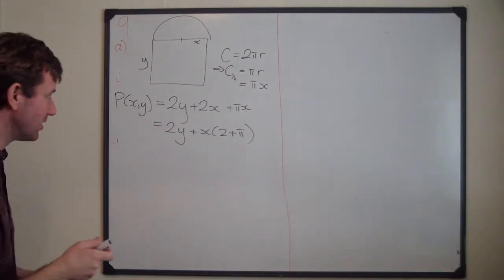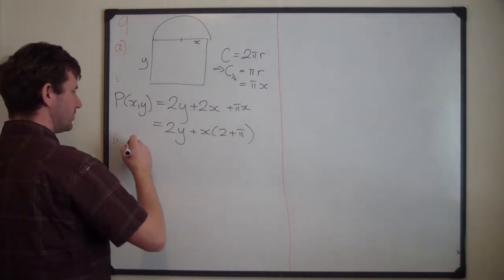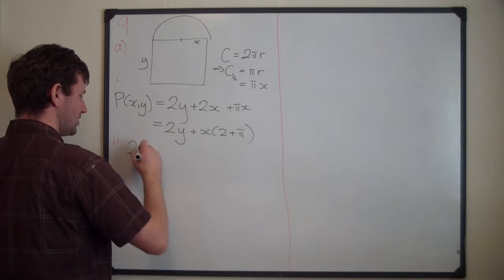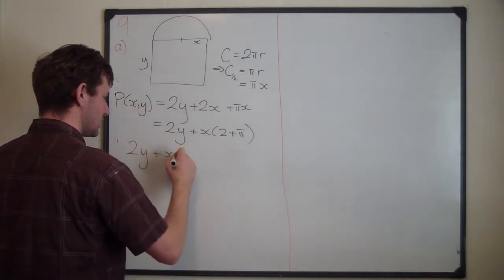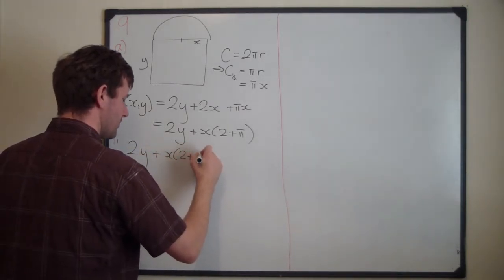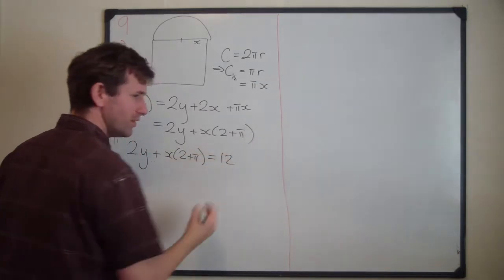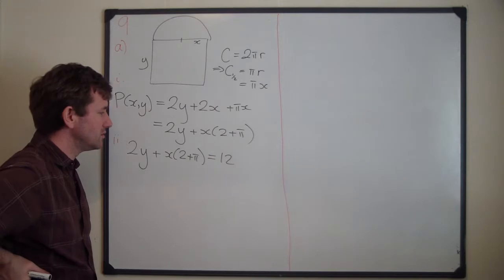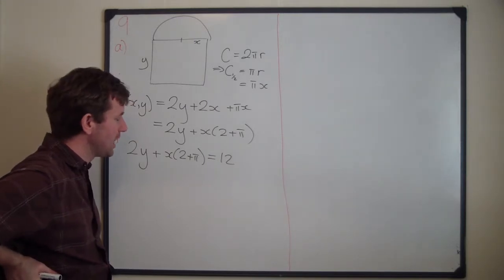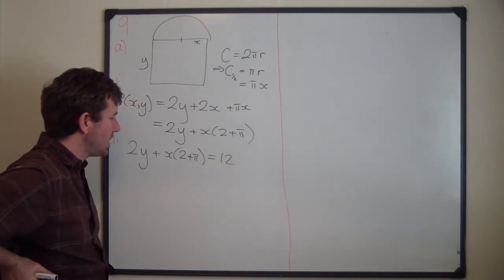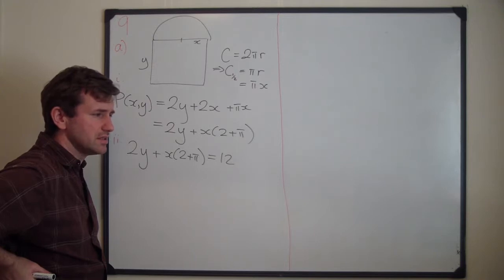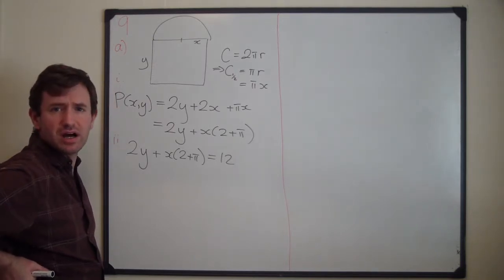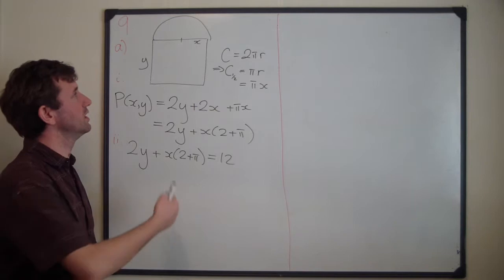This is not a difficult problem. So we're hoping to show that the perimeter, which is this, is equal to 12. Now there's a reference for x being between 0 and 12 divided by 2 plus pi. I think what that's about is, obviously x has to be positive, because x can't be negative.